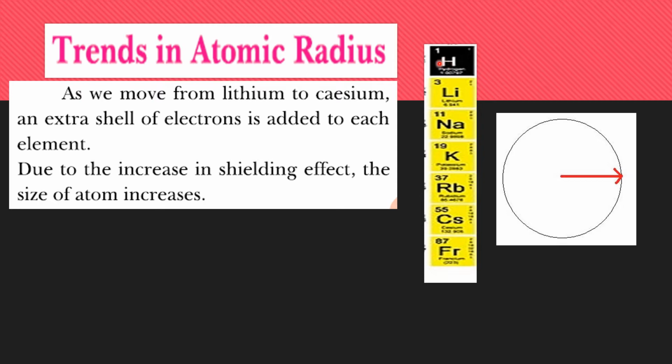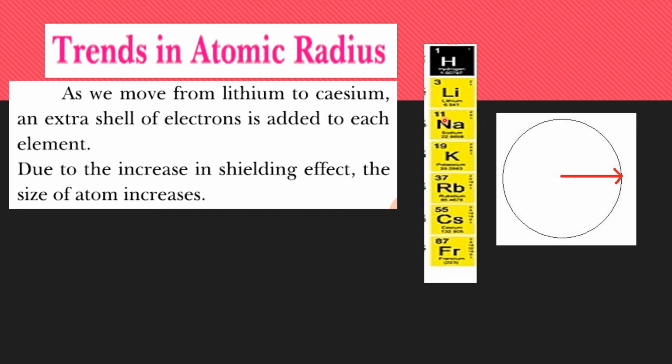As hydrogen has only one shell, lithium will have two shells, sodium has three shells. So the number of shells increases as we move down the group, and due to this the size of the atom also increases down the group.